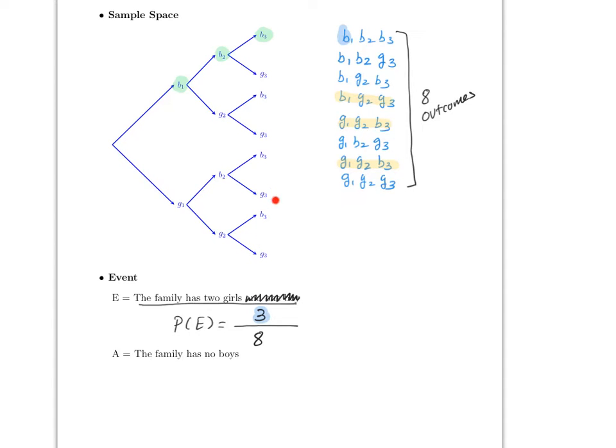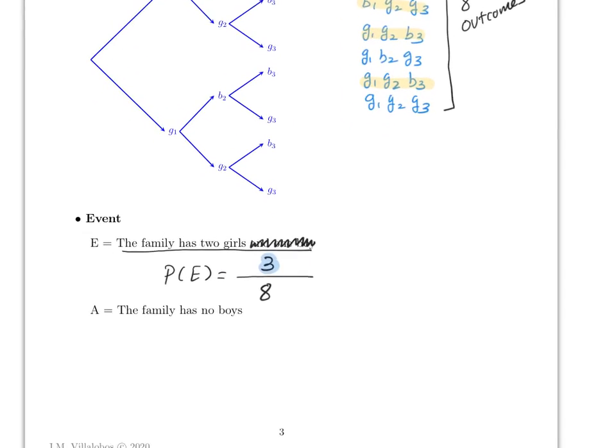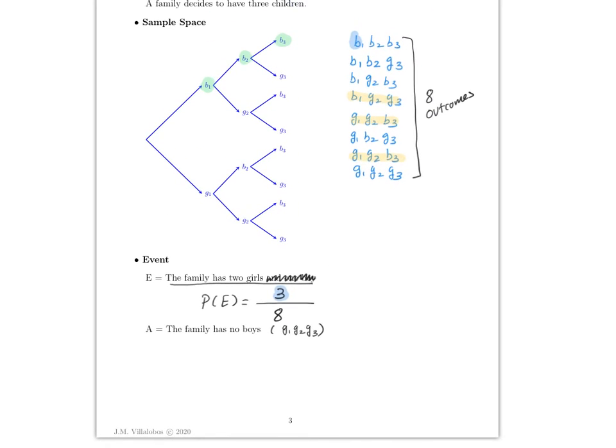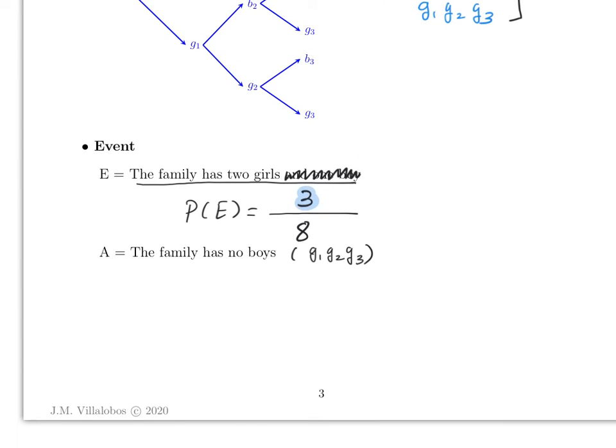Suppose that we have the following event. The event is that the family has no boys. Since you're having 3 kids, that automatically implies that you have 3 girls. Okay? Well, how many in the list have 3 girls? Only 1.